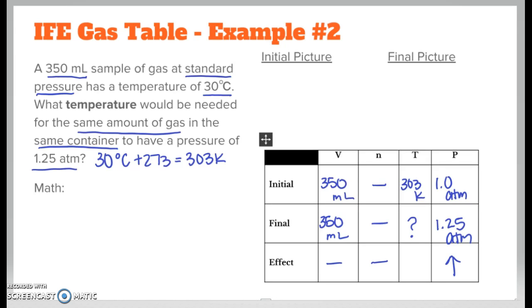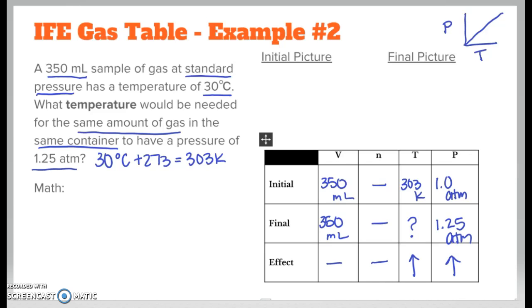Our temperature should also increase. The reason we know that is because of the relationship between temperature and pressure in Kelvin. As the temperature increases, the particles should be moving faster. With more particles moving faster, there should be more collisions and therefore an increased pressure. So both of these variables are increasing together, and we call that a direct relationship.